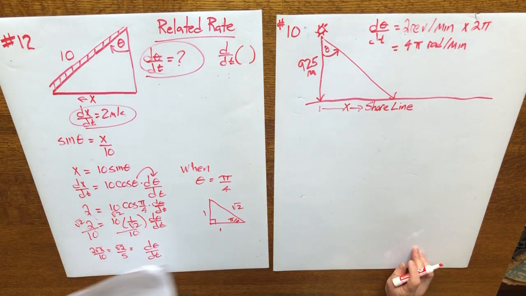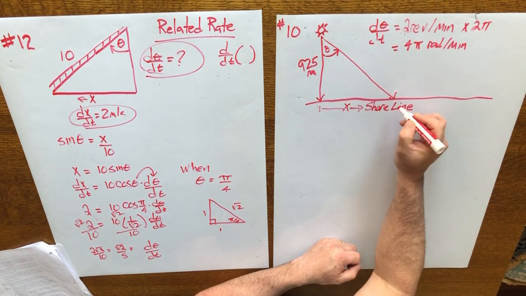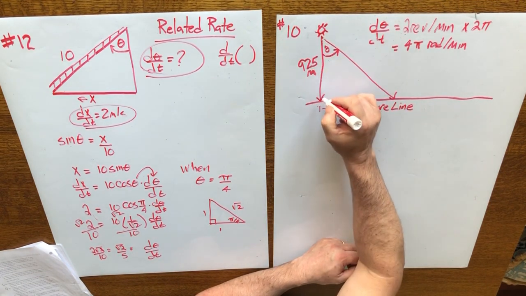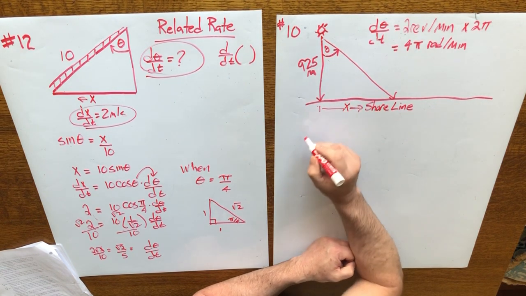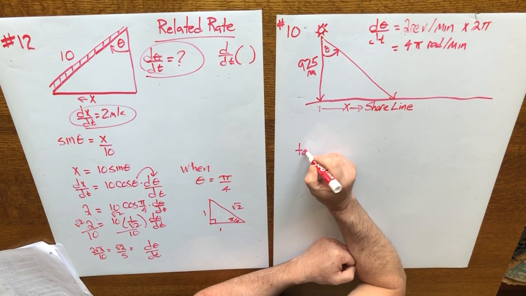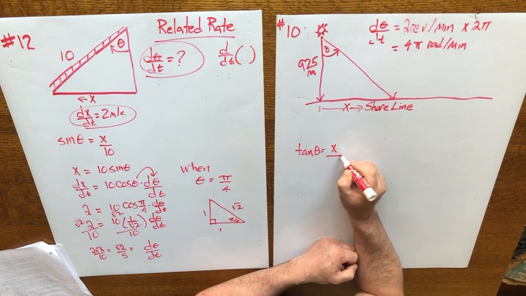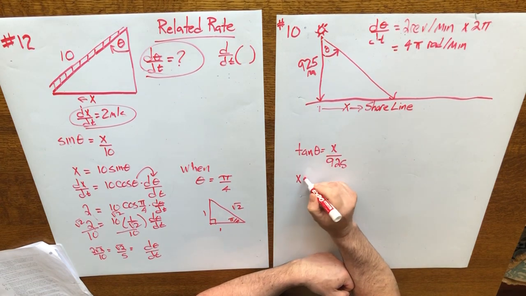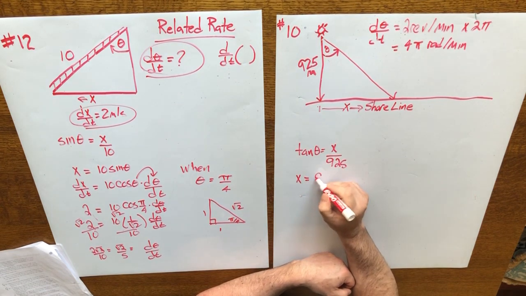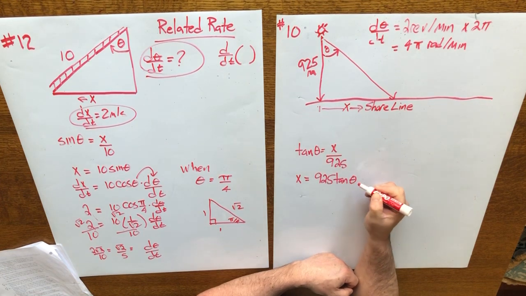So let's start by setting up our triangle again. We've got theta, x, the opposite side, and 925, the adjacent side to theta. So we can say that the tan of theta equals x over 925. And as we cross multiply, x is equal to 925 tan theta.